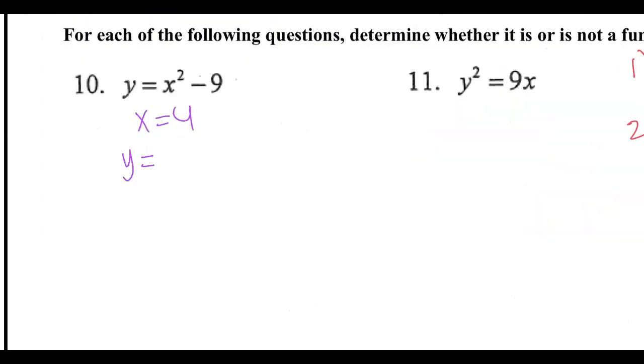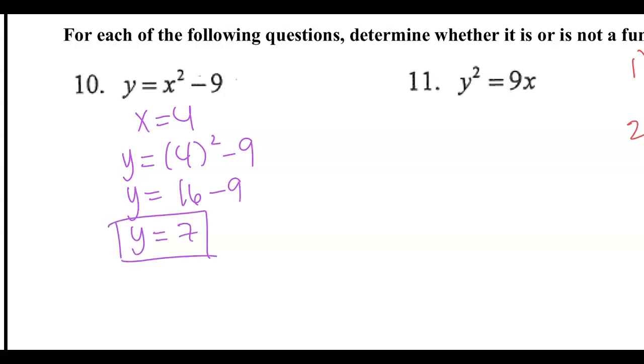So y is going to equal 4 squared minus 9. Well, 4 squared is 16, and 16 minus 9 is just 7. Notice that I only have one value. This is a good thing. That means that question number 10 is a function. That's my answer.